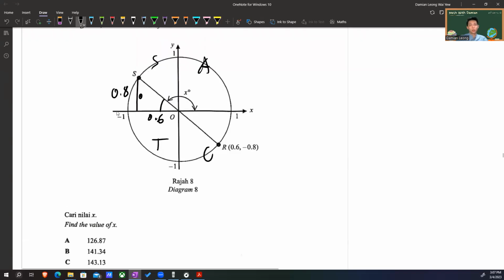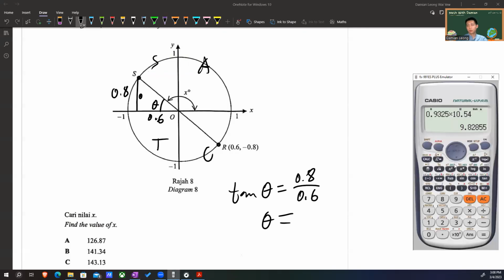What we have is opposite and adjacent. Let's call this theta. I can use tangent. Tangent theta is opposite over adjacent.